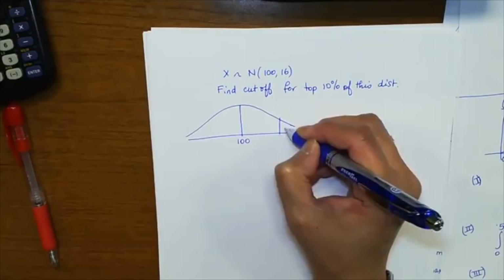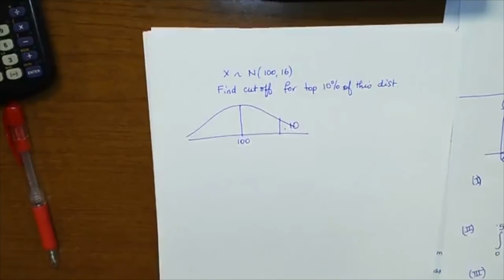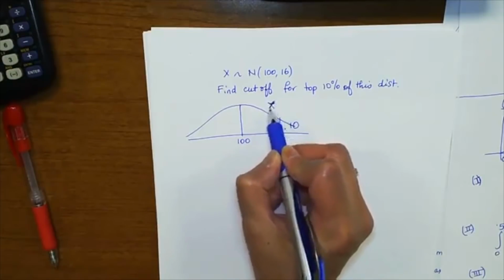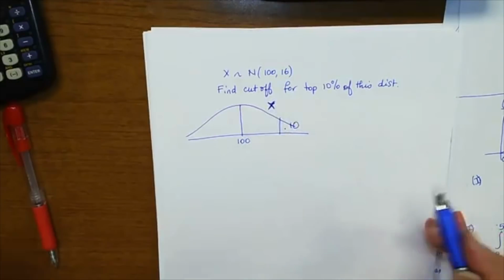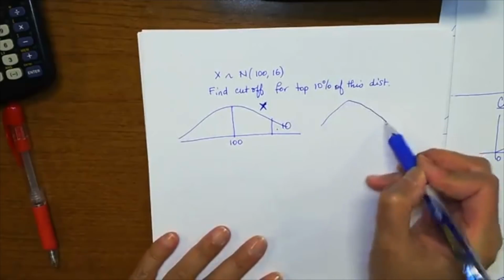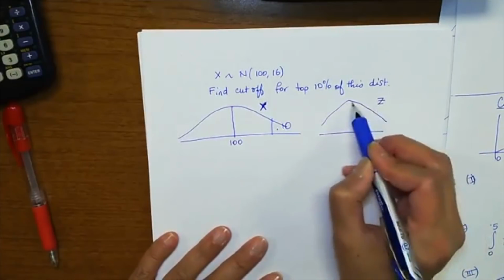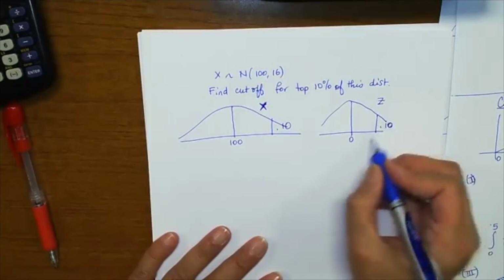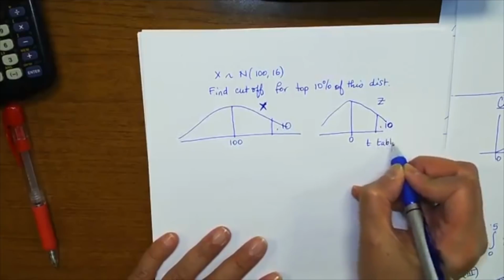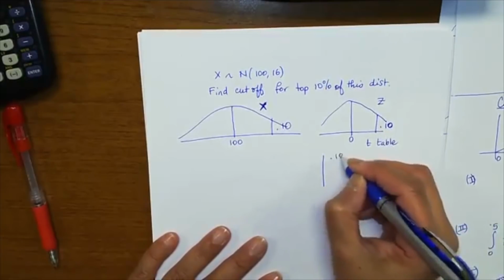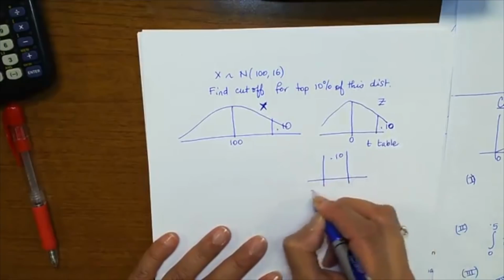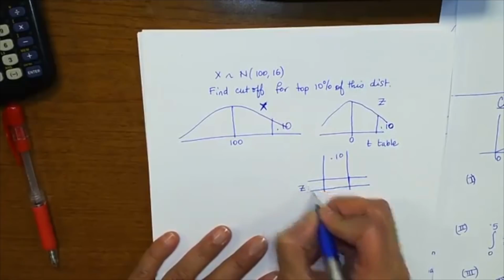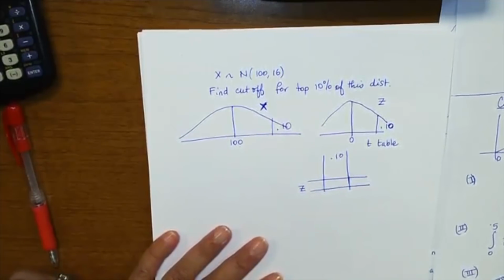Mean is 100, and I want the top 10%. This is X, so I can't do this problem by hand unless I put it in terms of Z. Then I go to my T table, and I look up the 0.10 column and the last row, Z, right?